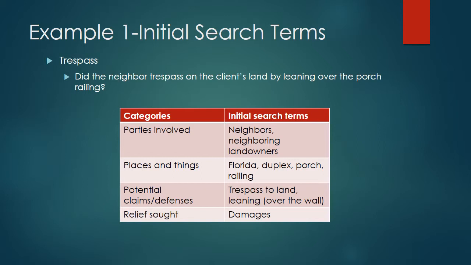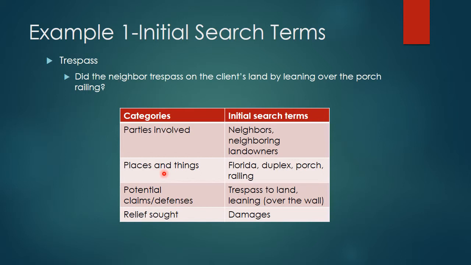The category of parties involved and its initial search terms could be, this is sitting here by yourself maybe, or without any kind of tool at all, like a legal thesaurus or a legal dictionary. In fact, these initial search terms come mostly from the case scenario.